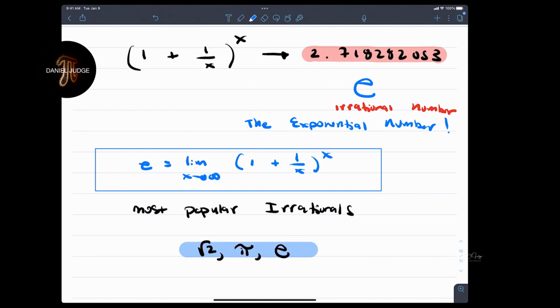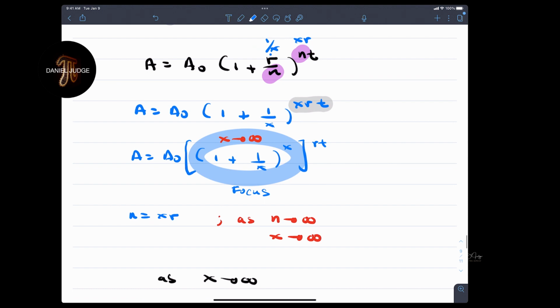And so you just learned a new one today, and this is a very, very big deal because what happens now is we get to replace this whole thing with that number called E, ladies and gentlemen.